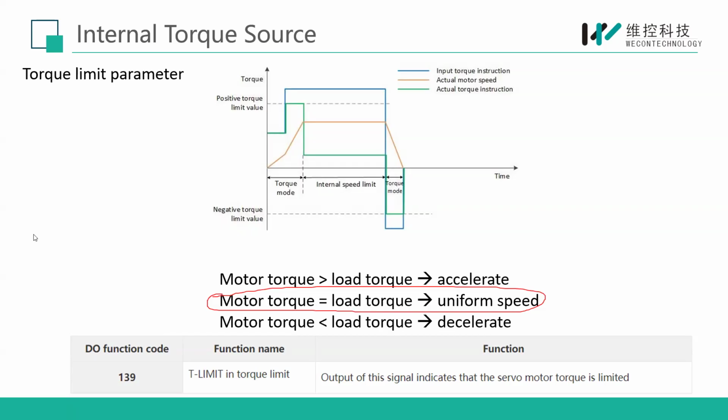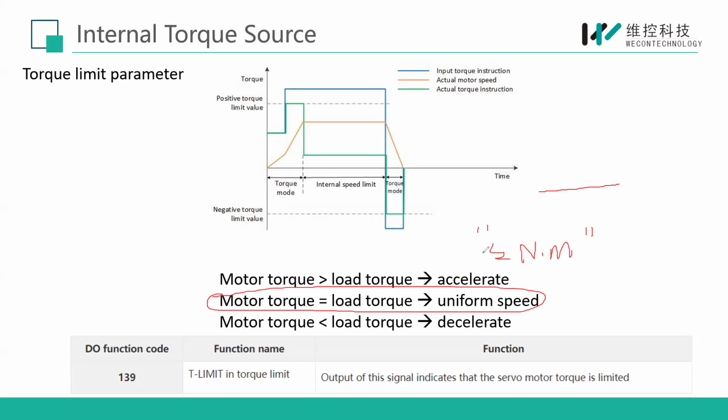For example, maybe we need 2 Nm of torque to make our paper not too loose, or to not damage it.